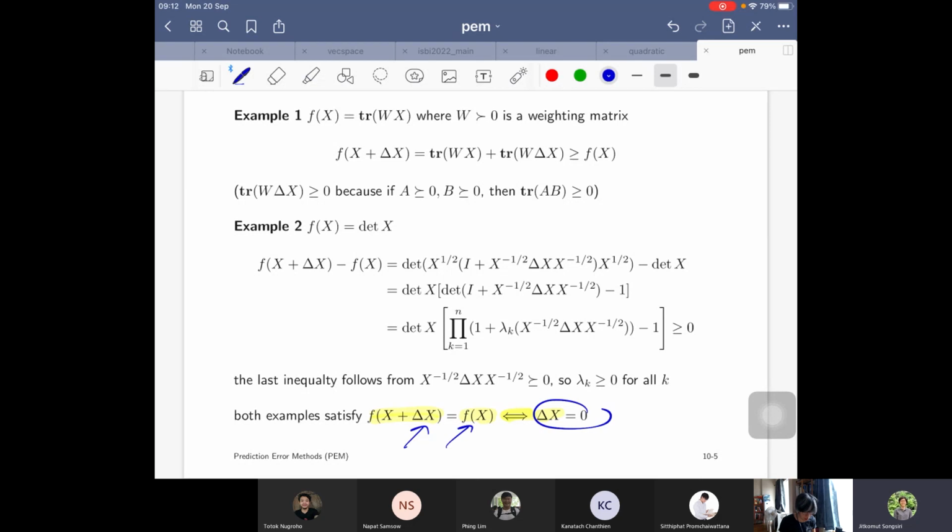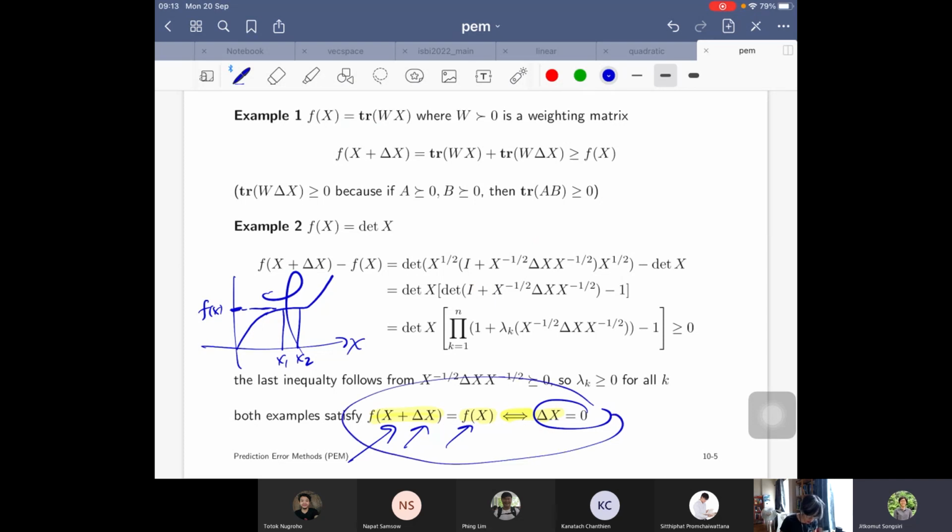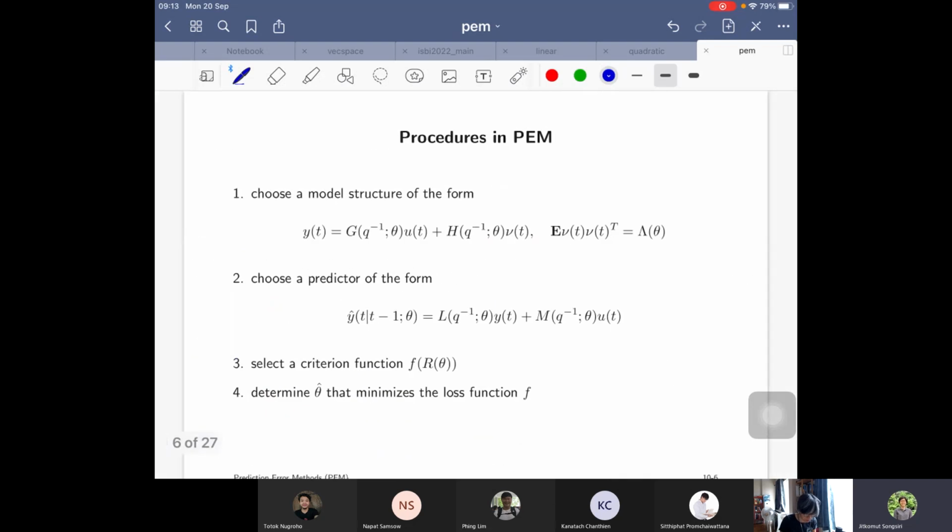If this is your x, you don't want a loss function that looks like this, which means there could be 2 possible values of x that return the same value of loss function. You don't want this case to happen, and that's why you require this assumption. This assumption is satisfied for both examples. Can you please check?